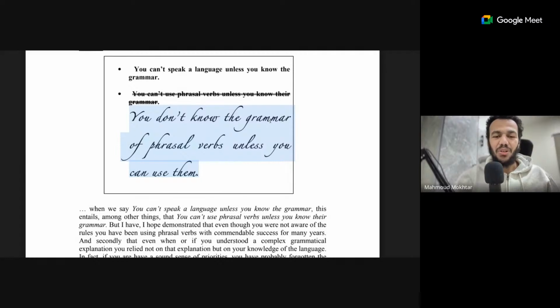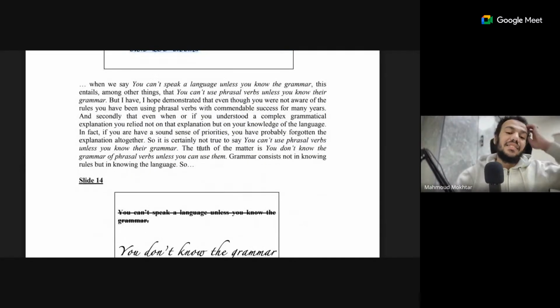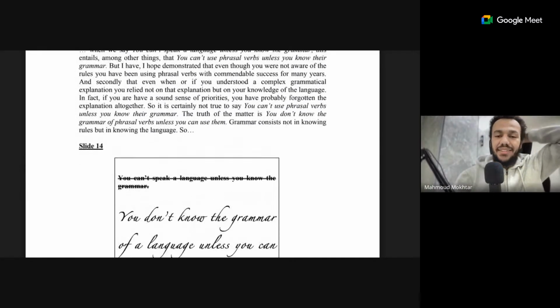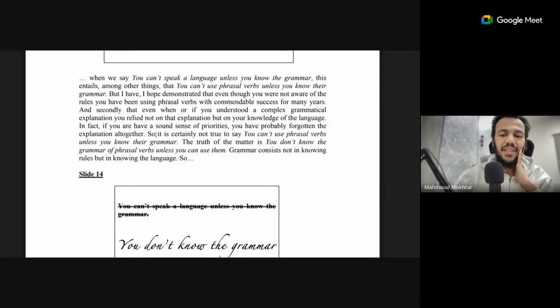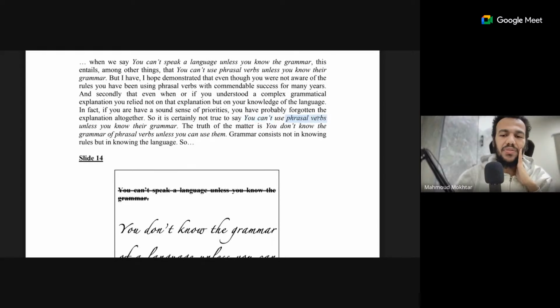What I mean is that you don't know the grammar of phrasal verbs unless you can use them. So when you have the ability to use them, you can then know the grammar. So it is certainly not true to say you can't use phrasal verbs unless you know the grammar.